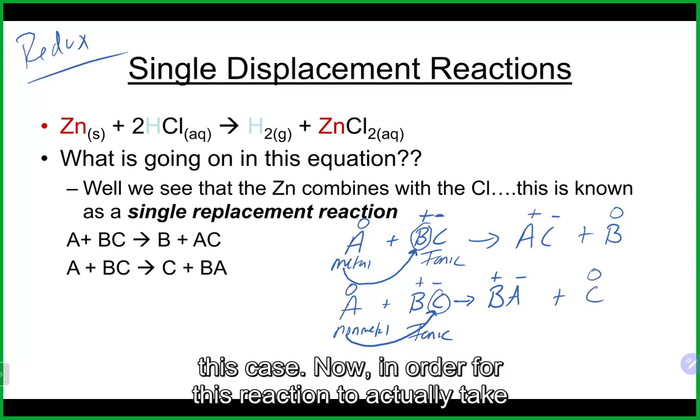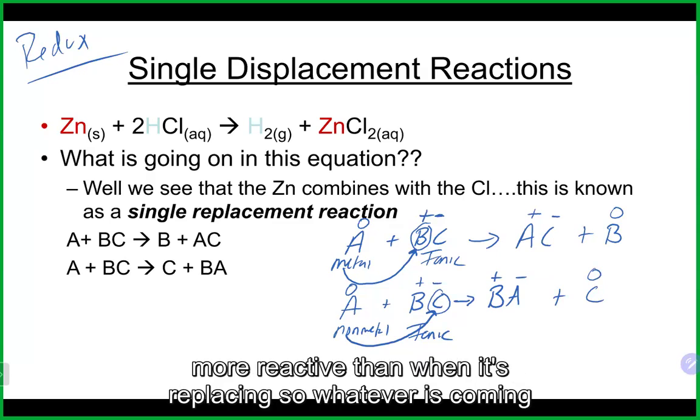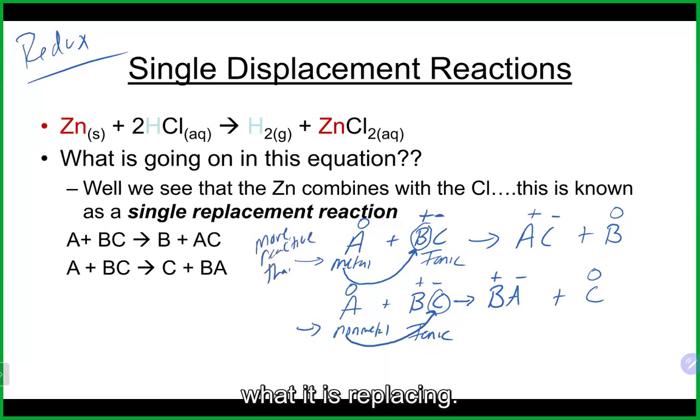Now, in order for this reaction to actually take place, whatever is coming in to kick somebody out needs to be more reactive than what it's replacing. So whatever is coming in, like this guy or this guy, needs to be more reactive than what it is replacing.